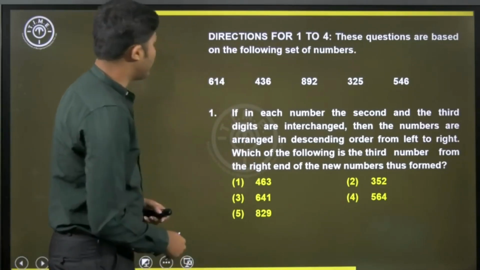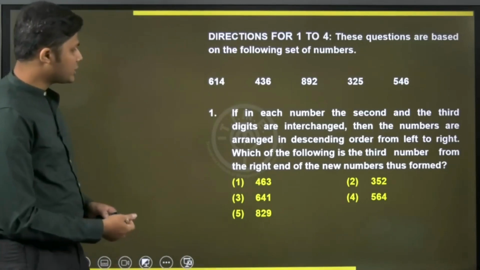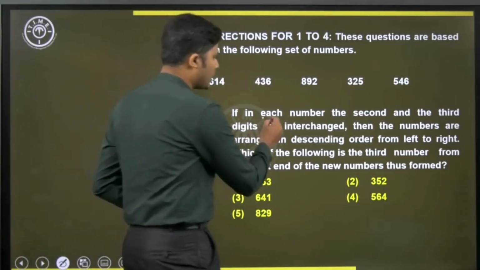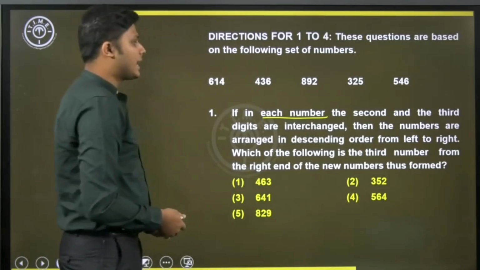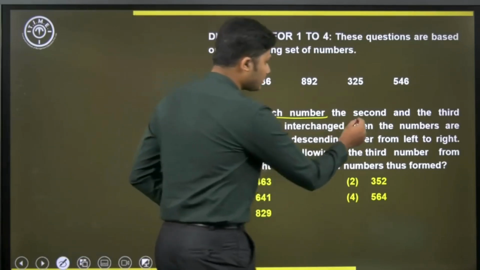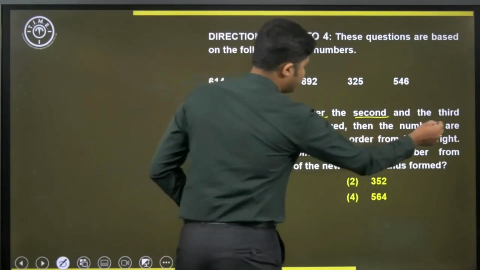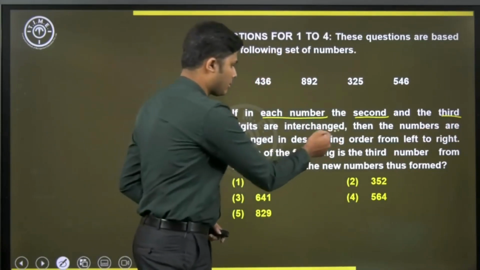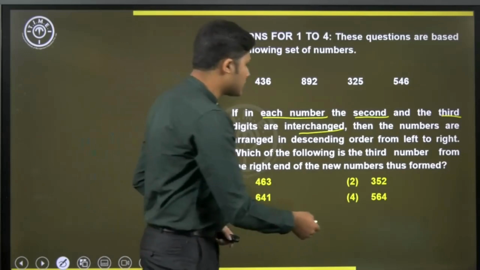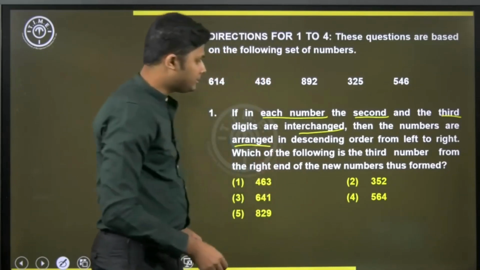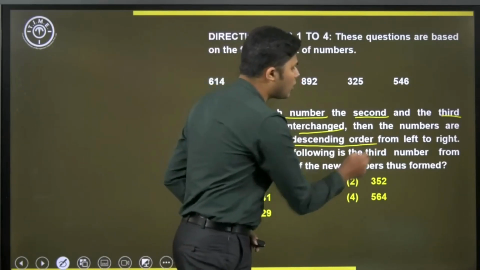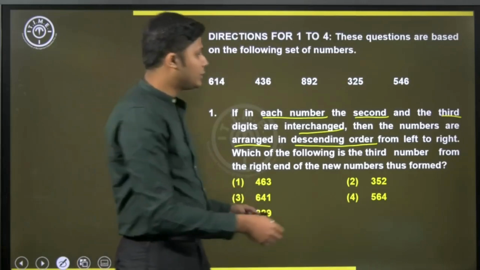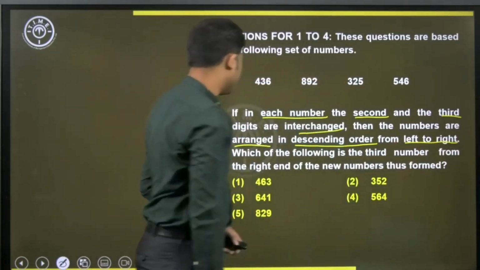Now let's look at the question. The first question: if in each number the second and the third digit are interchanged, then the numbers are arranged in descending order from left to right.